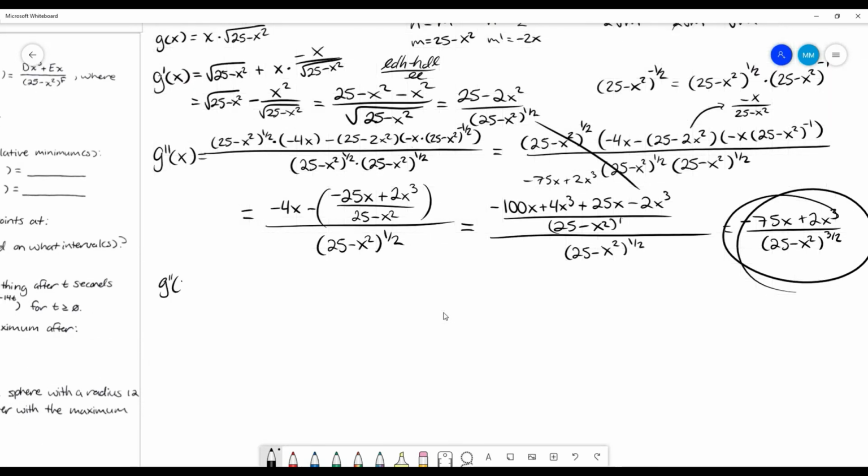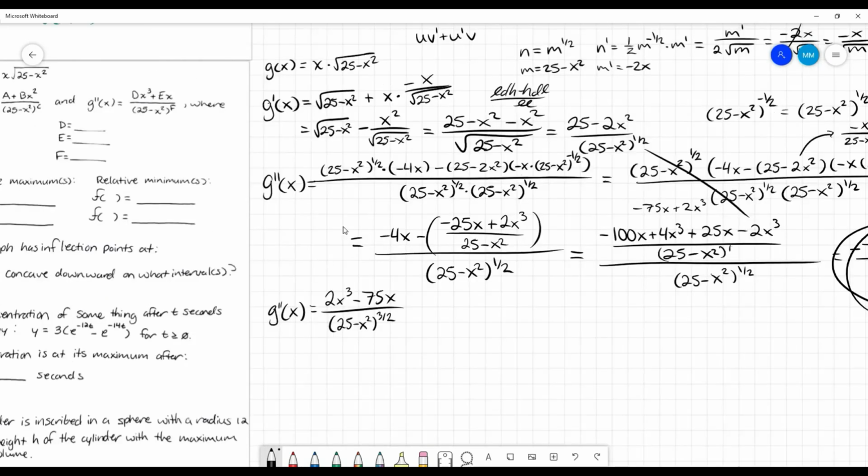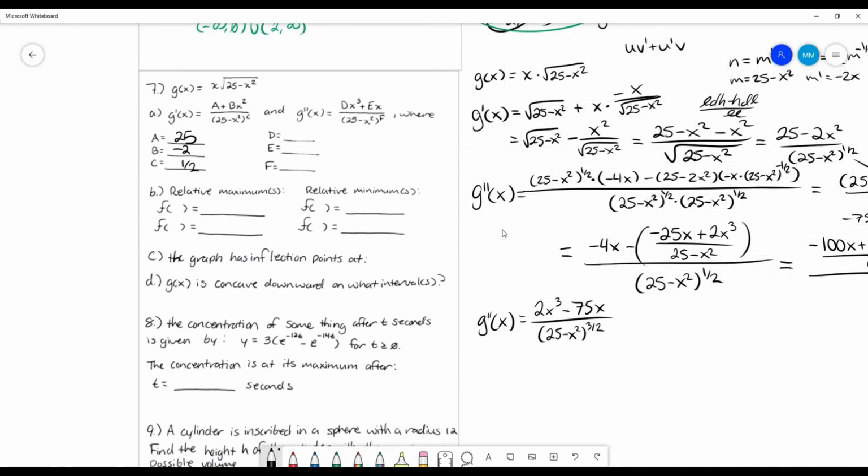So I'm going to just rewrite it real close. So that's going to be, I'm just going to put the 2x cubed in front, minus 75x over, okay. And now comparing that to this, we see D is 2, E is the negative 75, and F is the 3/2.